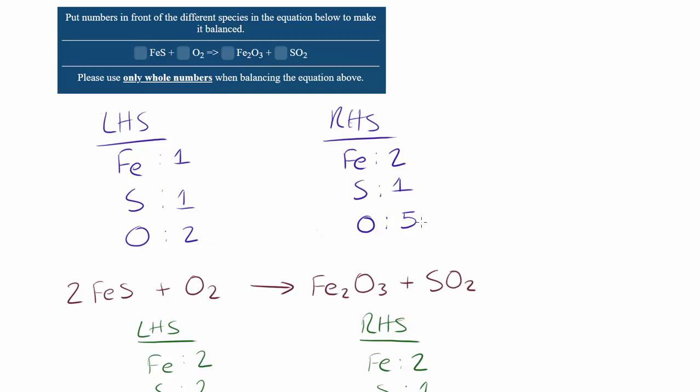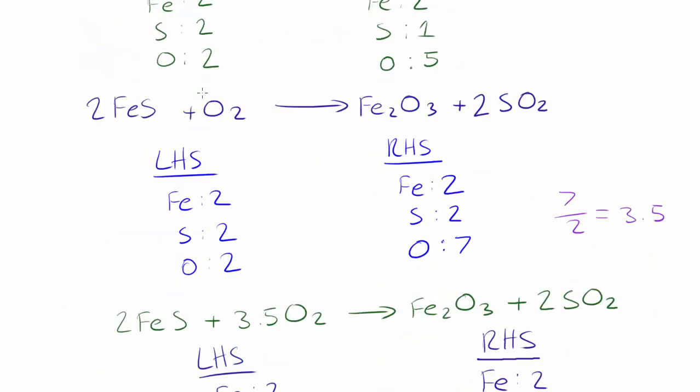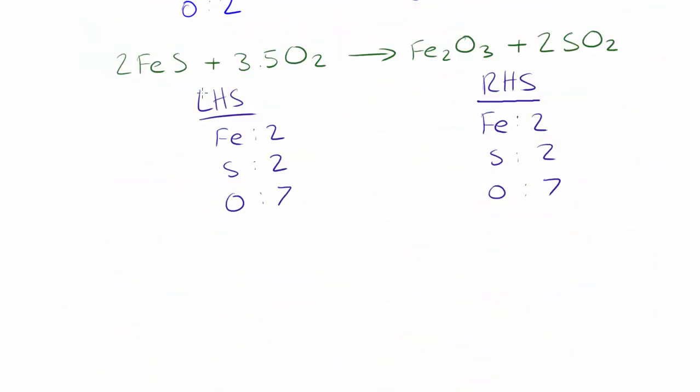The question specifies that please use only whole numbers when balancing the equation above, right? So when we're actually putting our numbers here, we've been asked to use only whole numbers. We haven't quite met that particular requirement yet, even though we quote unquote seem to have a balanced equation.